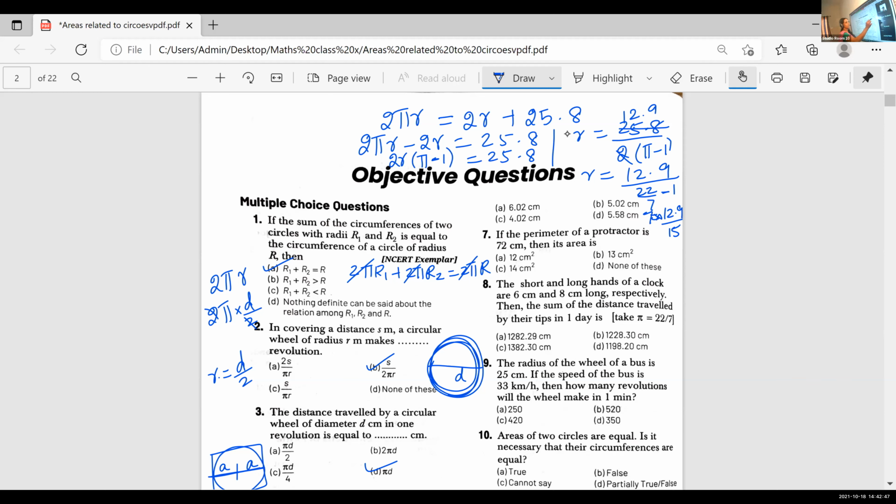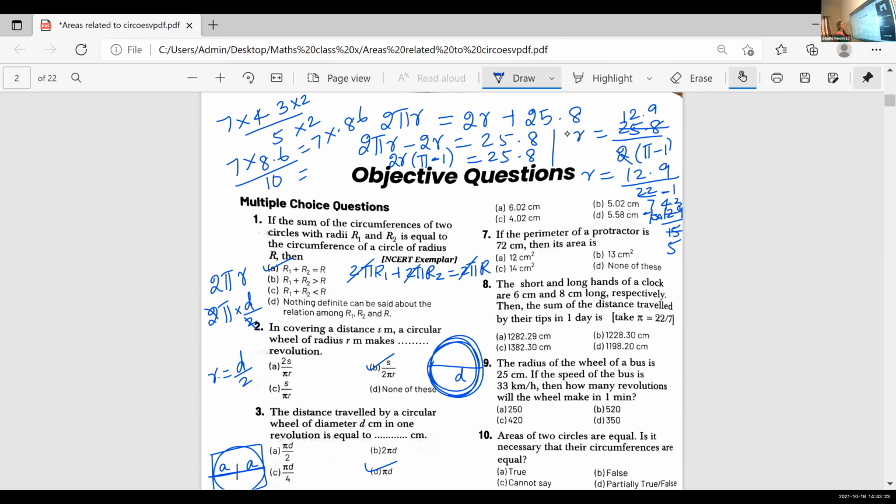If I cancel this by 3, it will be 5, isn't it? Again, if you cancel this, this is 4.3. So 7 into 4.3 by 5. So you can multiply by 2 in order to divide, okay. So you can write this as 7 into 8.6 by 10. Instead of dividing by 5, you multiply by 2 in numerator and denominator.